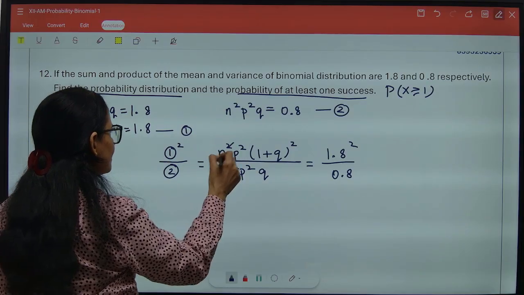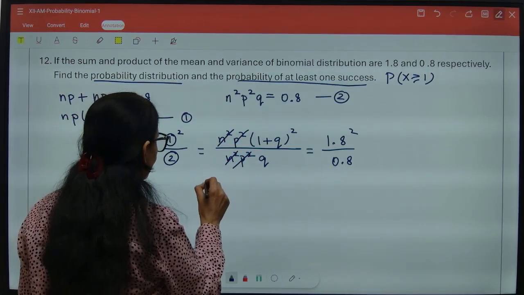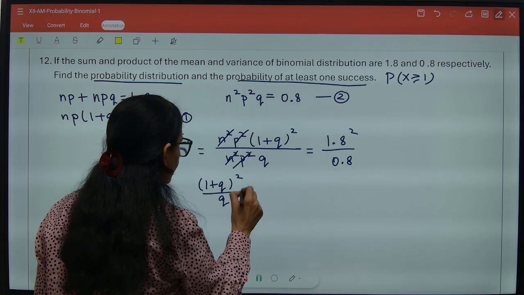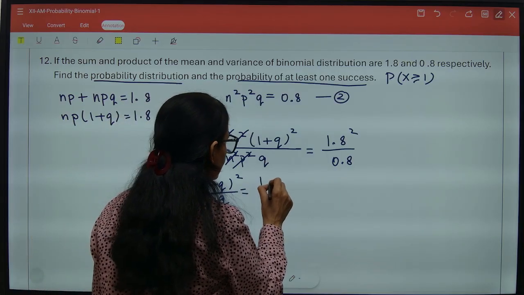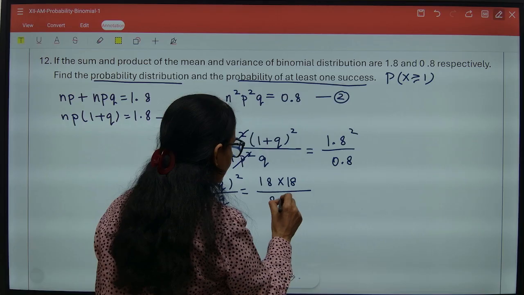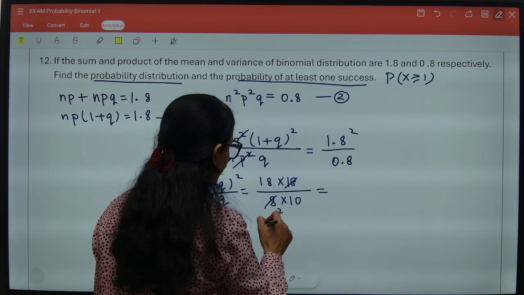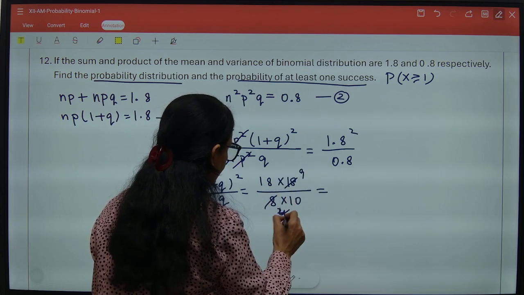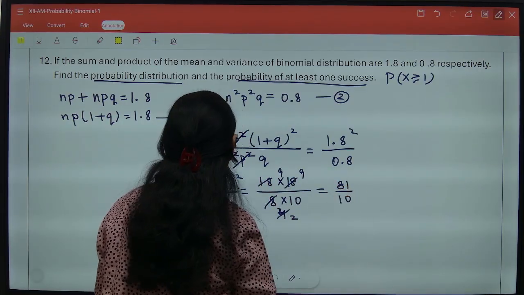So here n square p square gets cancelled. So we have 1 plus q whole square upon q is equal to, let's simplify this, 18 into 18 upon 8 into 10. So this becomes 81 by 10.